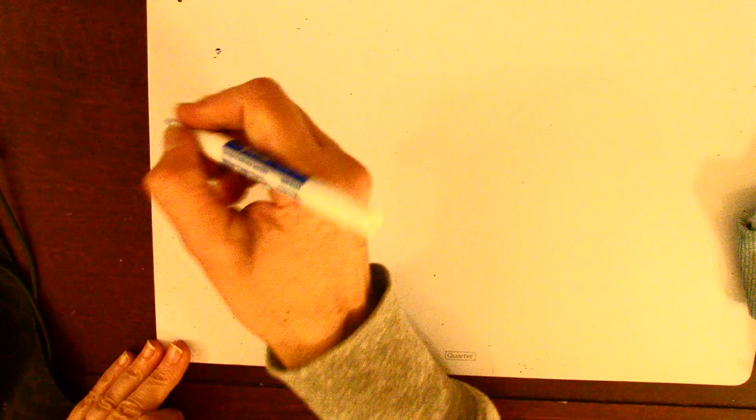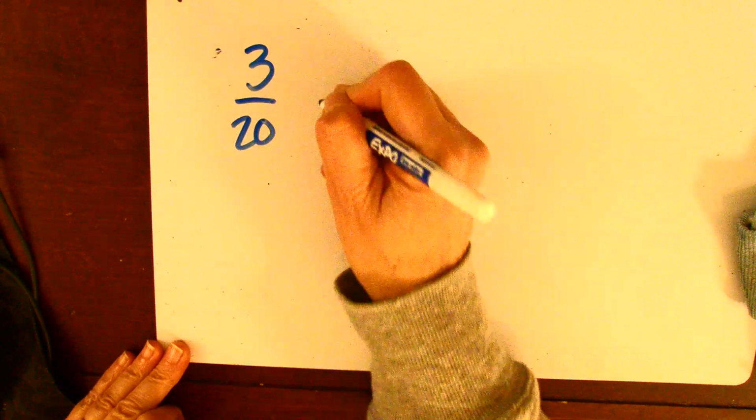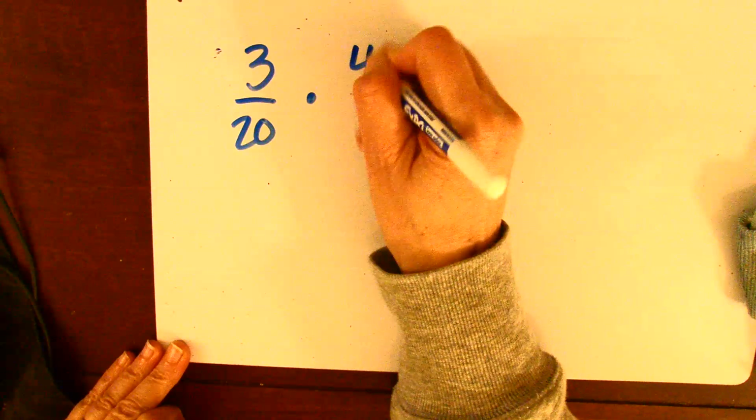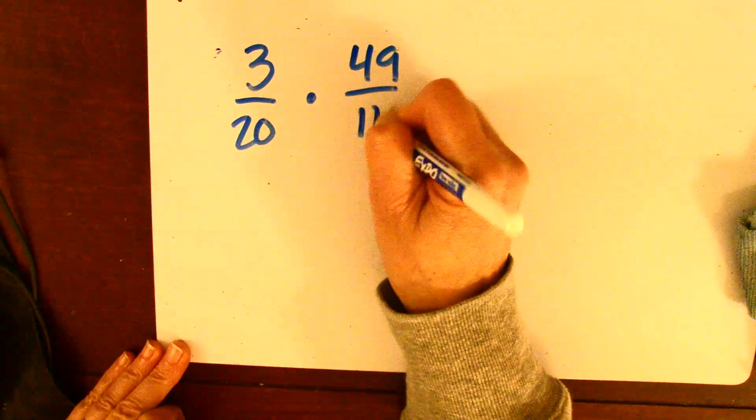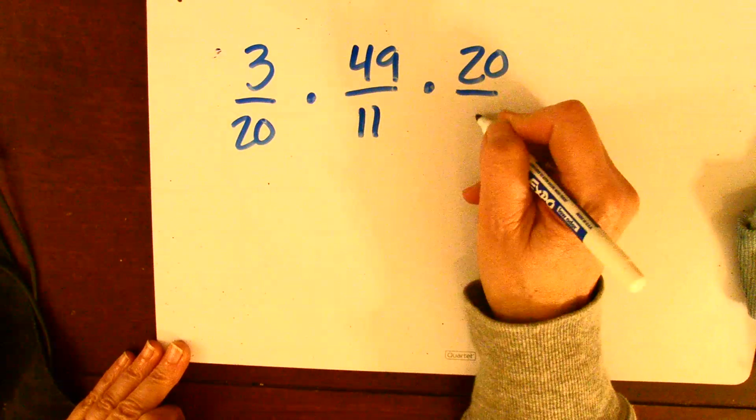And these will focus on multiplication. Let's say we have 3/20 times 49/11 times 20/3.